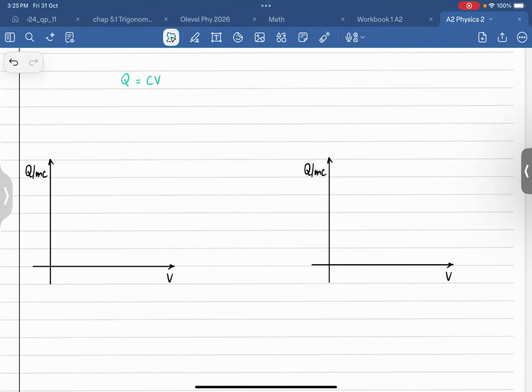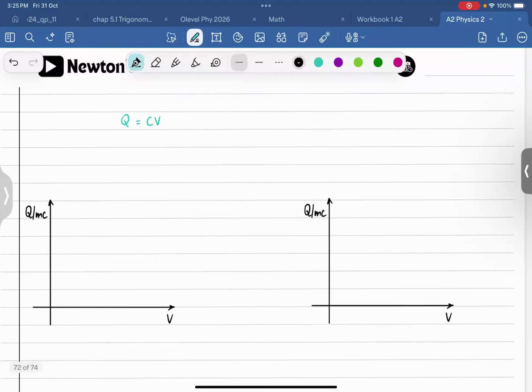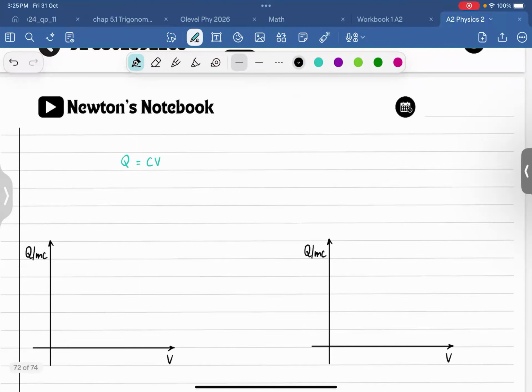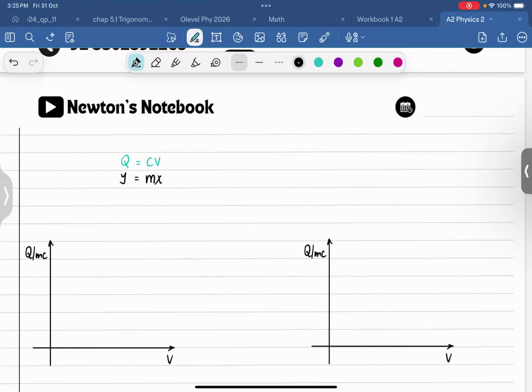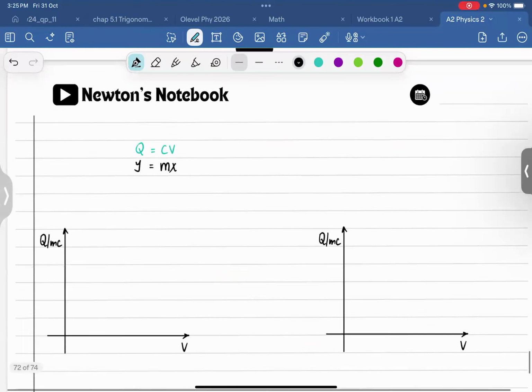Okay, so it should look like this. If you compare it with a straight line, since we are drawing the Q and V graph, Q is on the y-axis, equals mx, plus c.